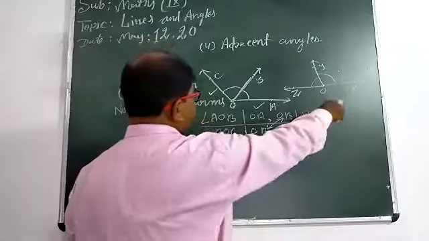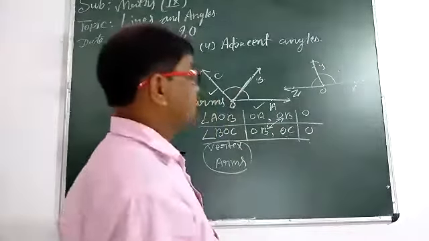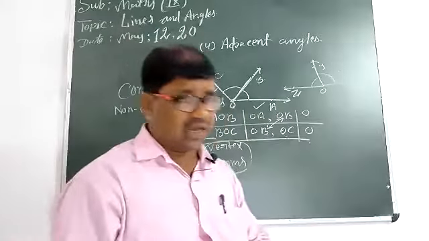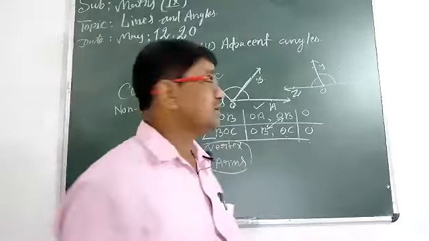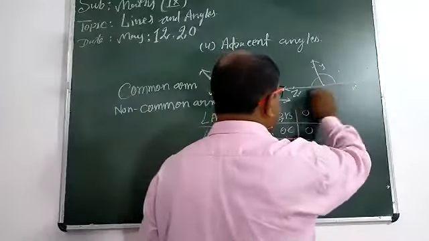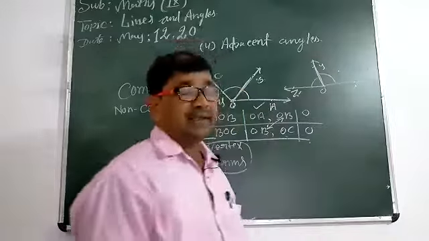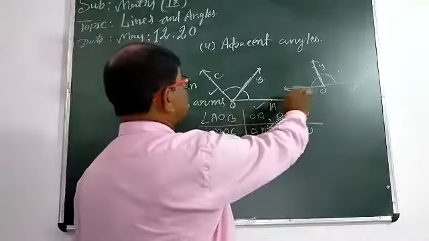In the same case, OY is the common arm. OX and OZ are not common, they are non-common arms. Non-common arms are on either side of this common arm. Understood? Mind these two conditions.